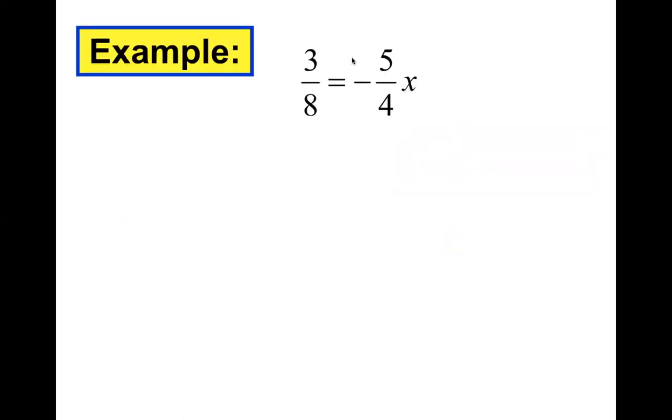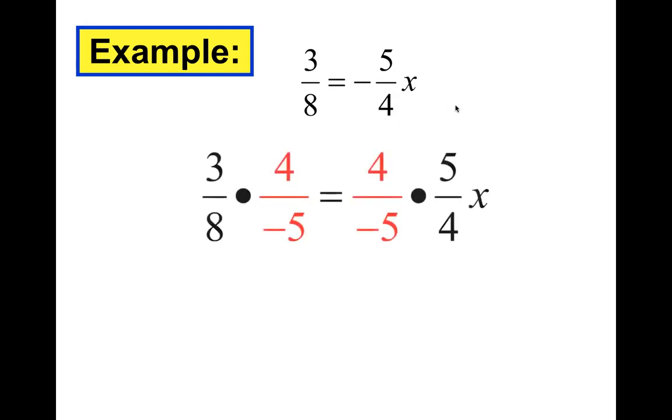Let's go ahead and do a few examples that are similar to the previous slide. So we're given here that 3/8 equals -5/4 x. As seen in the equation, our -5/4 is preventing x from being by itself. So we're going to multiply by the reciprocal, or -4/5.